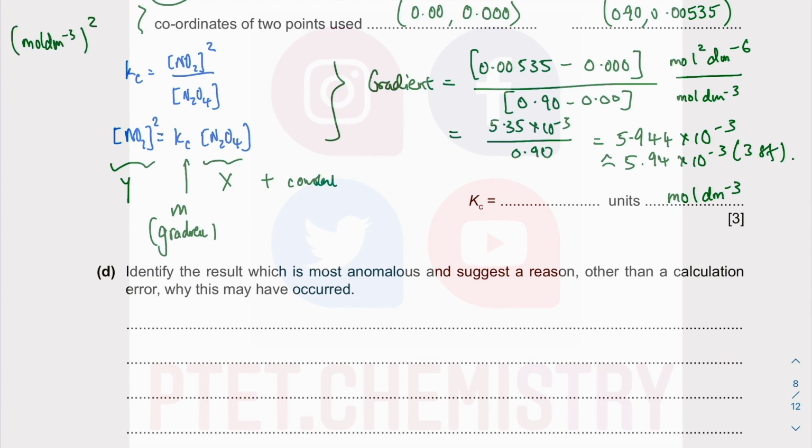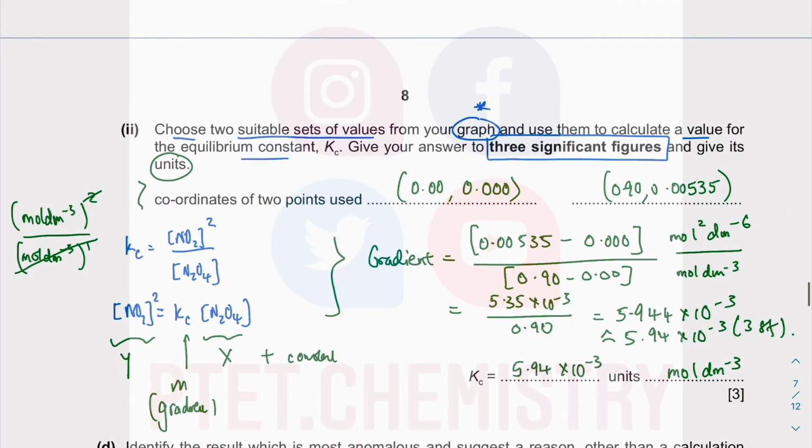That will give you mol² dm^-6. When you divide that by mole per dm cube, that is the power 1, they cancel out, and they just give you mole per dm cube. And your value to 3 significant figures is your gradient to 3 significant figures as required.